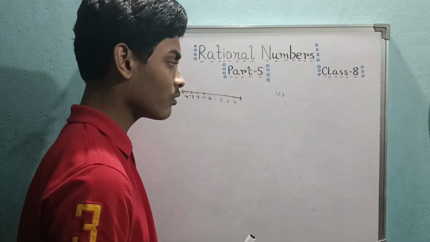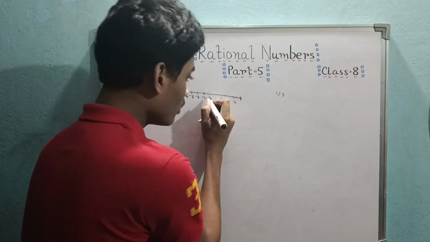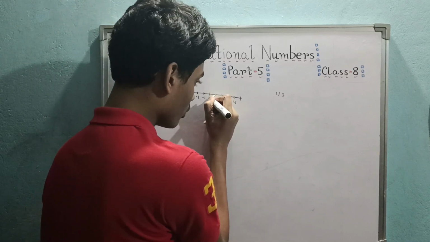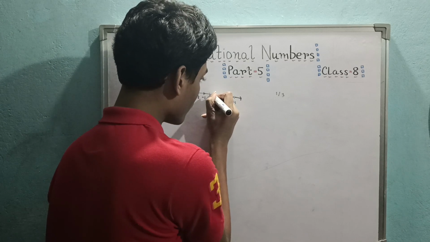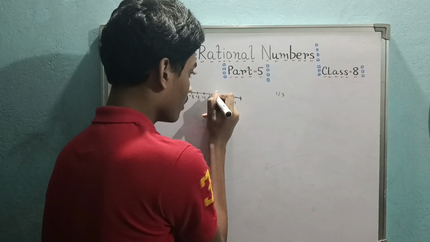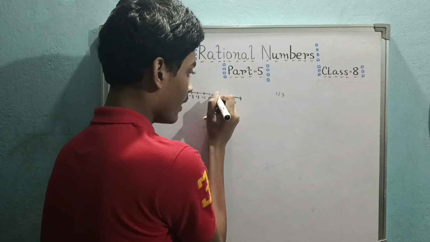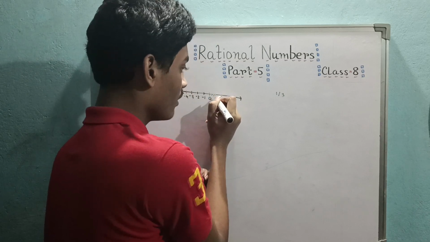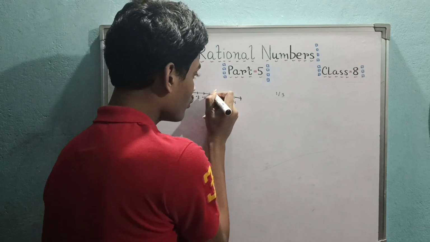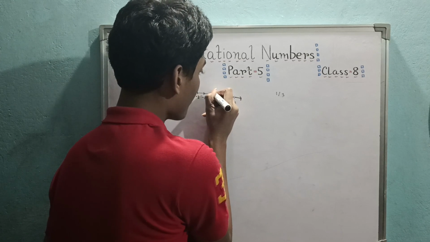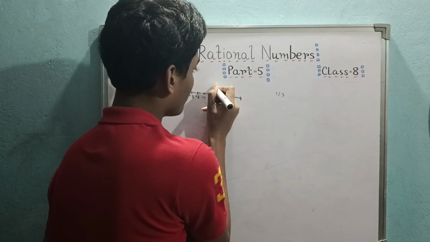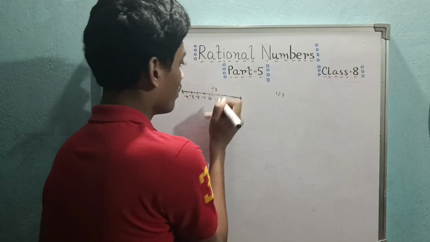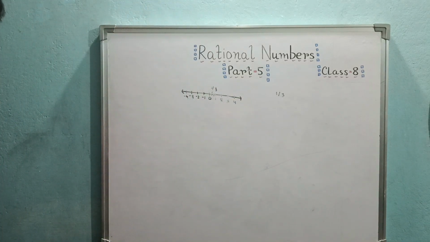Then comes 3/3. So 3/3 is 1. So 0. Then 0/3 is 0. Then suppose this is another smaller division. 1/3. Then 2/3. And 3/3 will be 1, right? So 1. So 1/3 is which one? This. So you have to just mark it like this. That's how you have to do marking, okay?